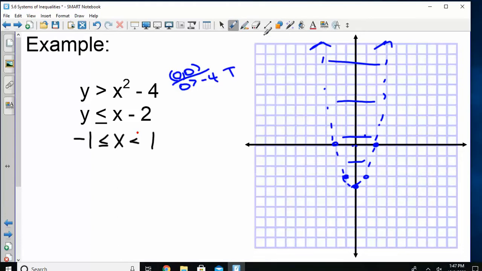Okay, next. The next piece is a line. y-intercept -2, slope 1, up 1/1, solid or dashed? Solid.